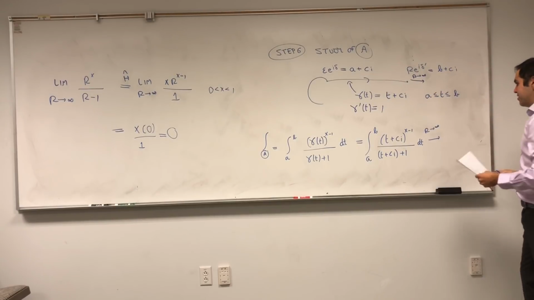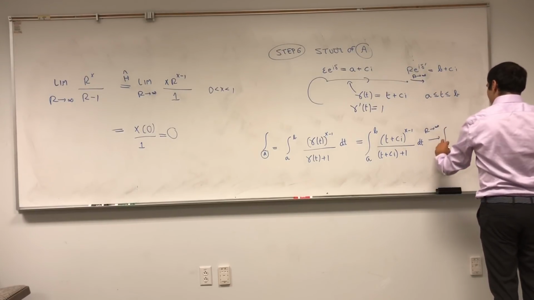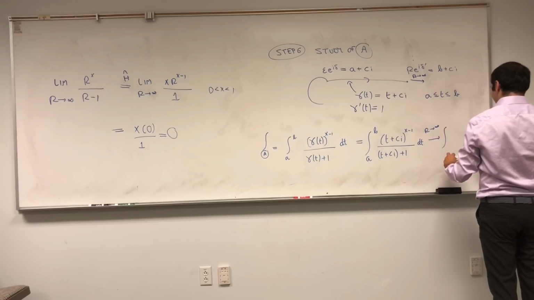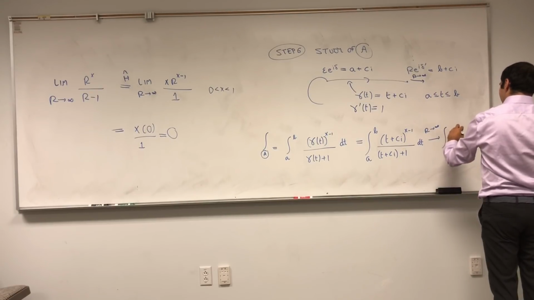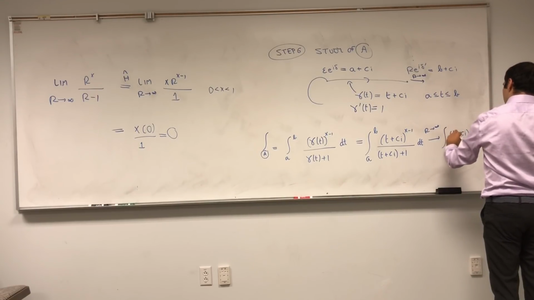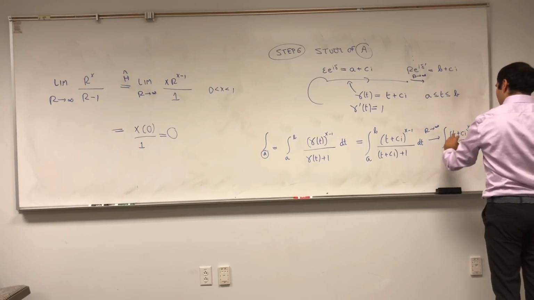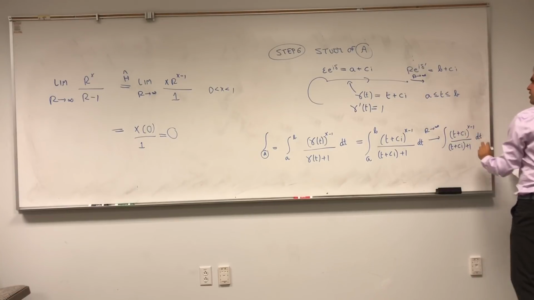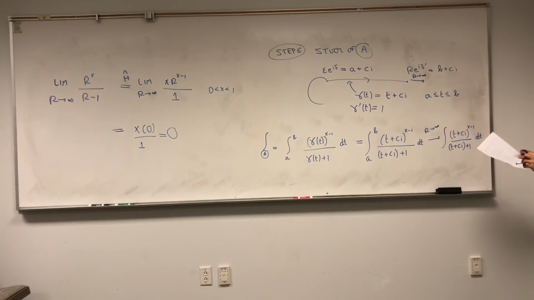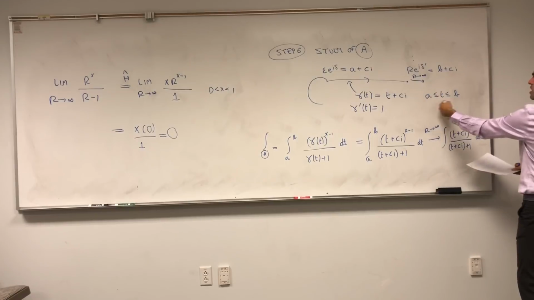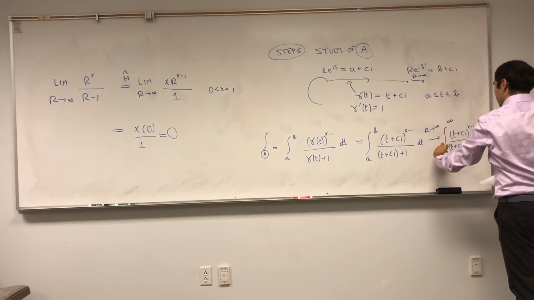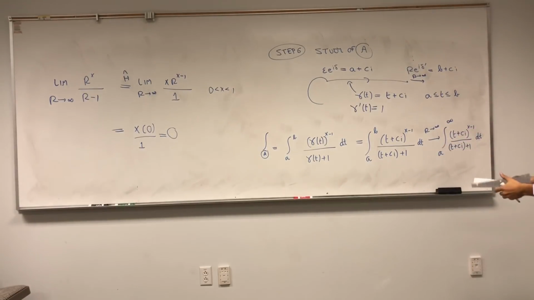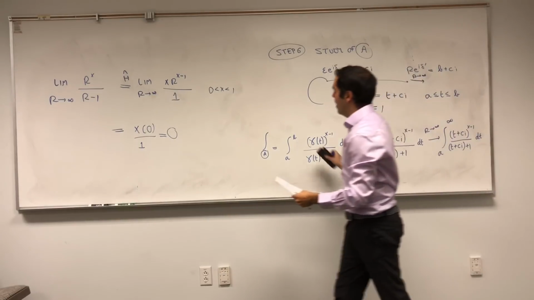It still stays the same. So we're left with the integral from t plus ci, x minus 1 over t plus ci plus 1 dt. The only thing that really changes is that b goes to infinity. So we have the integral from h to infinity of that.